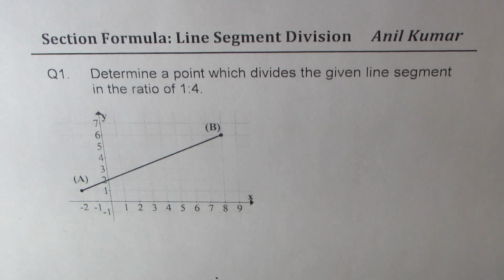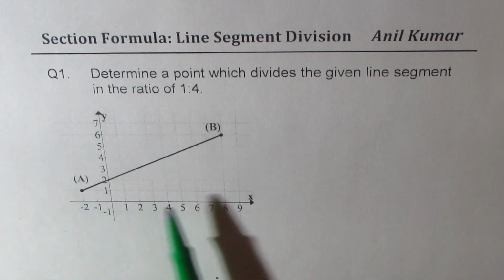Now, here we have a question from a subscriber who wants to understand how to find external and internal points on a segment which could divide it into a given ratio. So earlier my videos were based on formula. Now here we'll concentrate more on the graph.